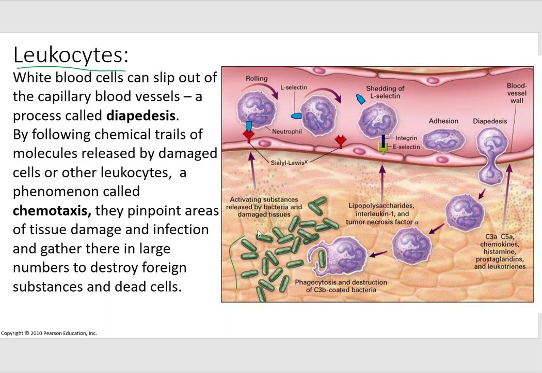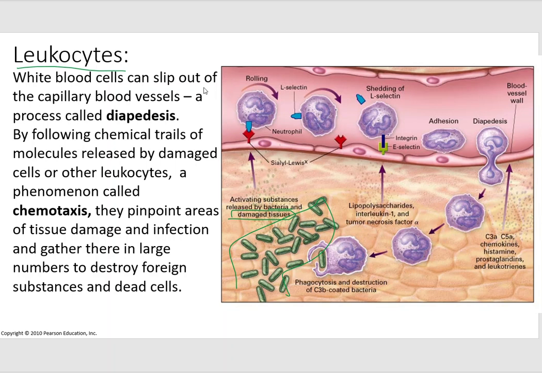You see all these bacteria down here. Now, these bacteria are going to release chemicals, and the damaged tissues are going to release chemicals to notify these white cells that there's a problem and more than likely potential infection going on.